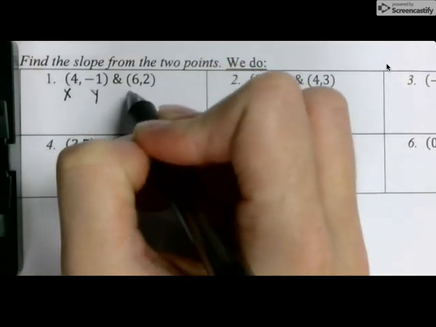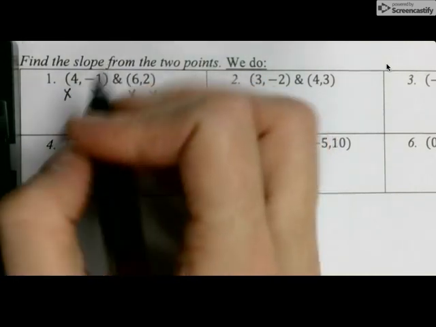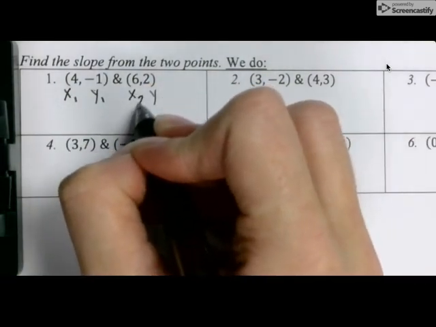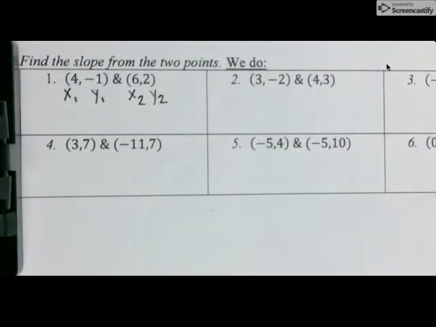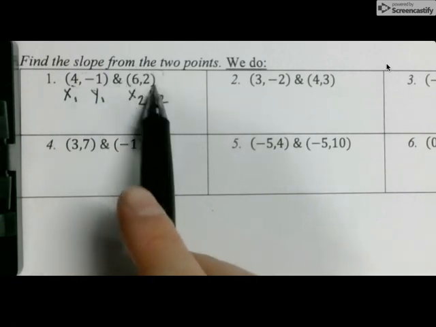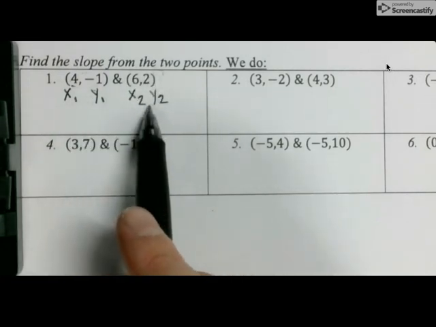They're both x, y coordinates. And 4 and -1 are the first points. 6 and 2 are the second points. If I were to go plot these, I would probably plot this first, and then I'd plot this second. That's why this is x1, y1, x2, y2.